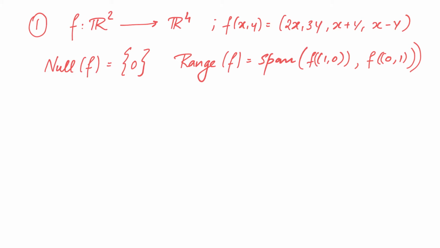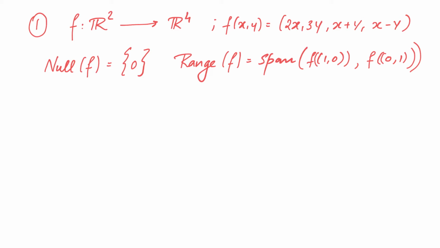So all we get is that the range of f has dimension 2, which is the dimension of the domain. This is not so interesting as we already saw that range of f is the span of the two vectors f(1,0) and f(0,1). Therefore, all we know from the rank nullity theorem in this case is that these two vectors have to be linearly independent. So that's all we get from the rank nullity theorem.